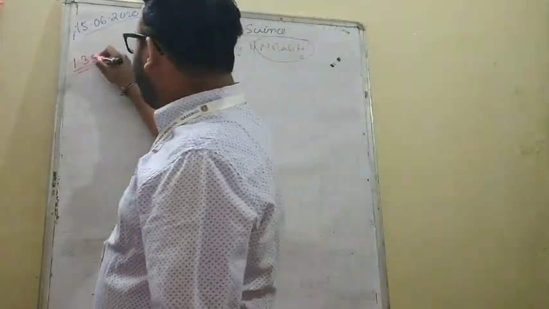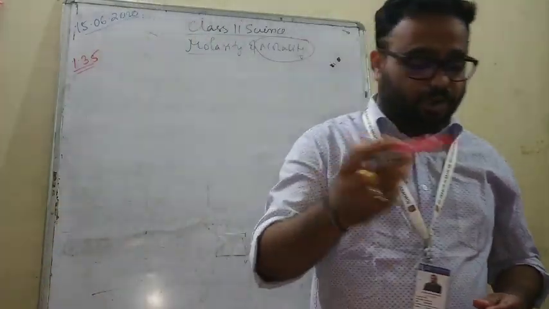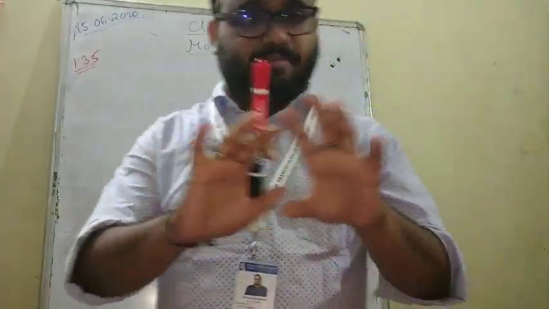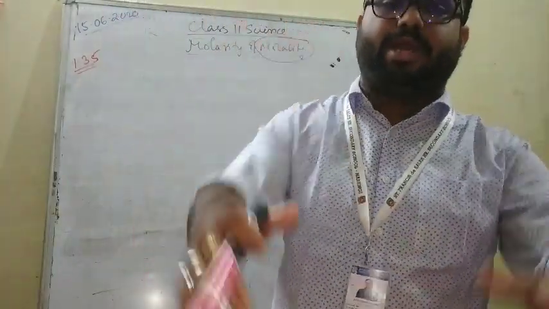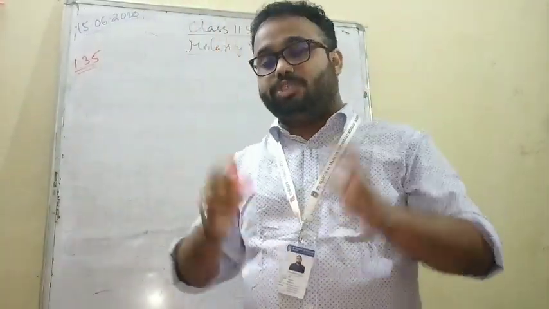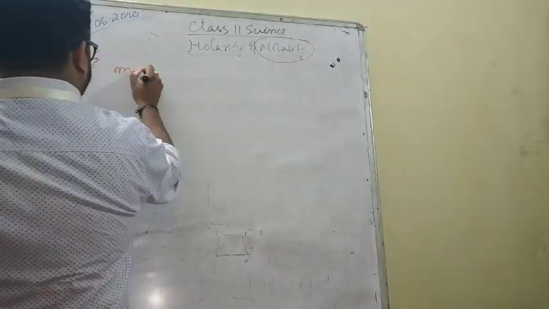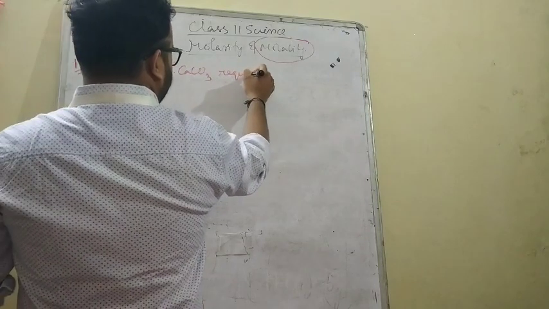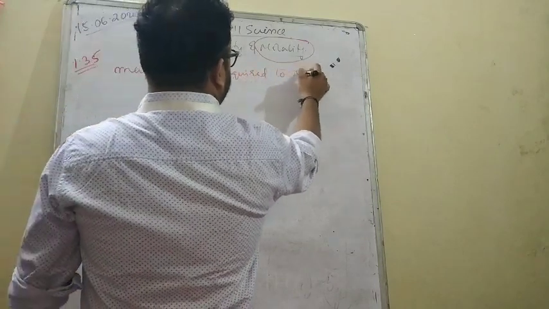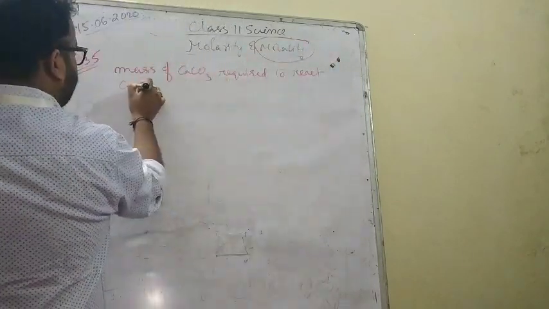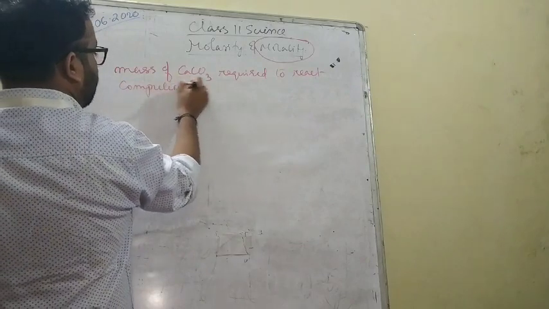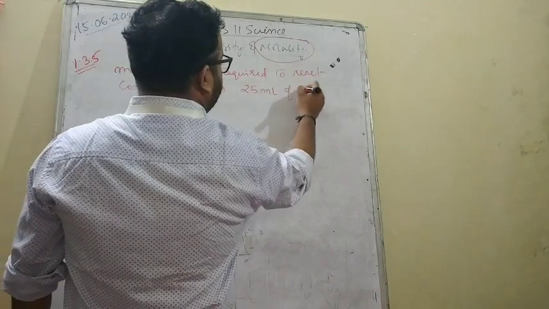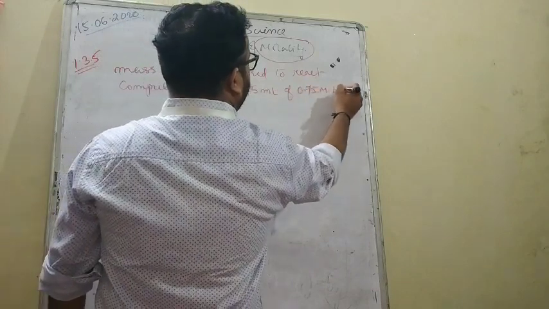Question number 1.35, you take out of your textbook. In that question they have given a reaction. They have told us to find out the mass of CaCO3 required to react completely with 25 ml of 0.75 molar HCl.